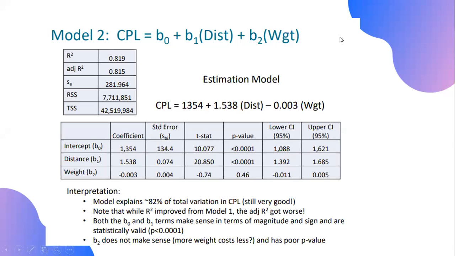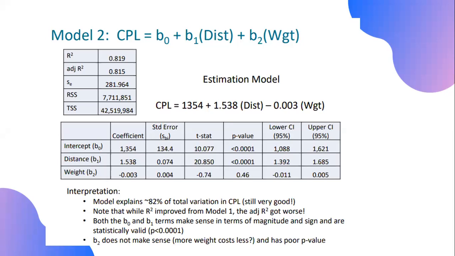Again, your slide deck also shows these results. And again, we saw that the adjusted R squared got slightly worse. Sorry, it was 82% in model 1. It went down to around 81.5%.